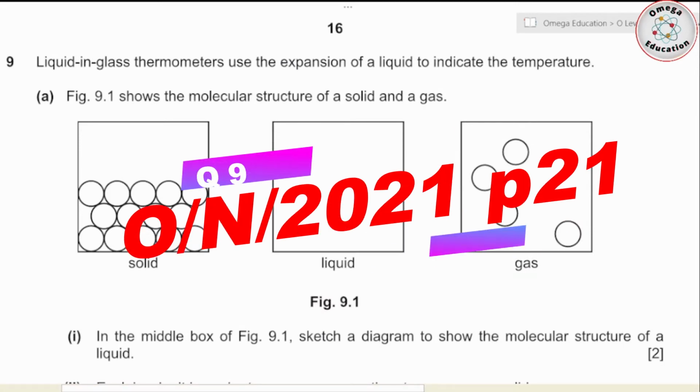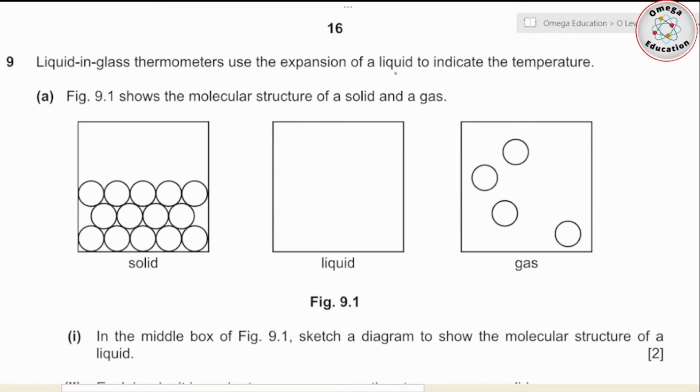Liquid in glass thermometers use the expansion of a liquid to indicate the temperature. Part A. Figure 9.1 shows the molecular structure of a solid. On the left side we have a solid, and on the right side we have the molecular structure of a gas.